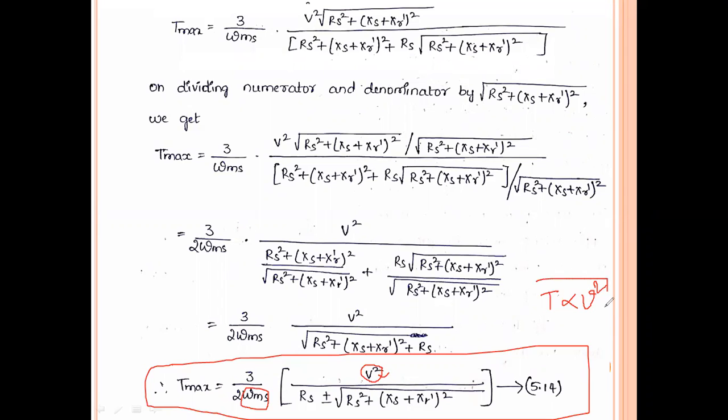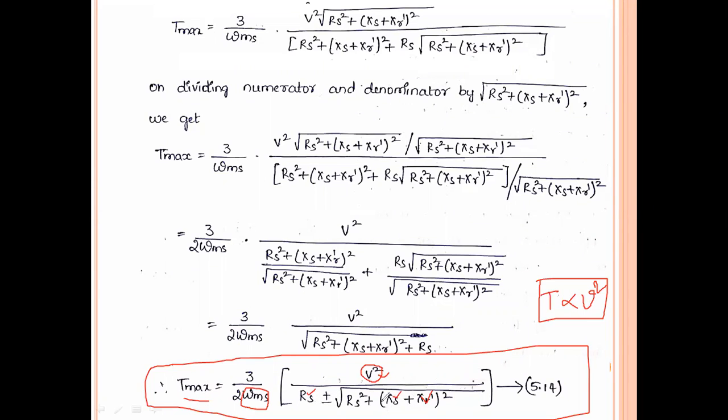So this torque is directly proportional to the square of the voltage, and equation 5.14 describes the maximum torque expression. Other things are constant here for a given motor, because stator resistance, stator inductance, and stator-referred rotor inductance are all constant for the designed motor.